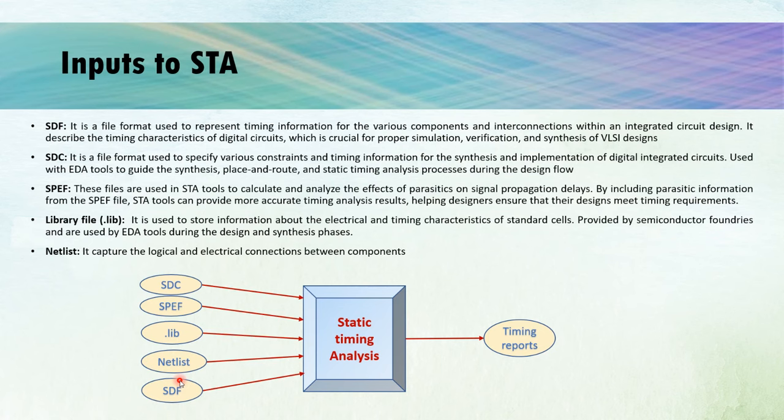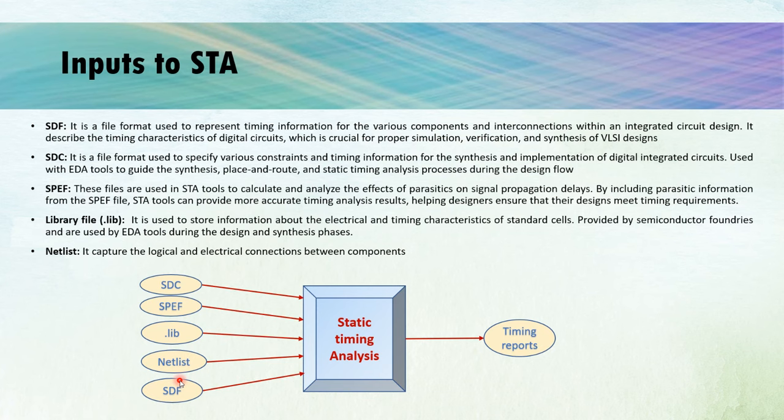So these RTL descriptions are used as an input to the synthesis tool, which transforms the high-level RTL descriptions into a gate-level representation. This gate-level representation comprises actual logic gates that are coming from the library files, like AND gate, OR gate, which are suitable for the manufacturing or fabrication companies.